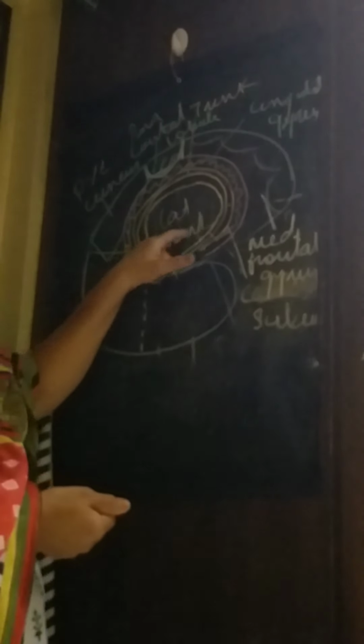This septum pellucidum separates the right lateral ventricle from the left lateral ventricle. When you remove the septum pellucidum, inside you will see an irregular shaped cavity. This is called the lateral ventricle.